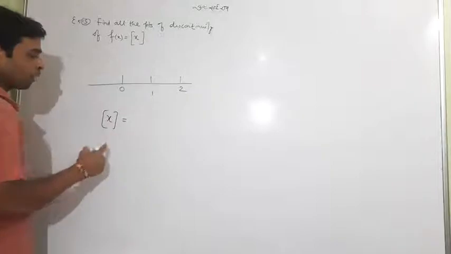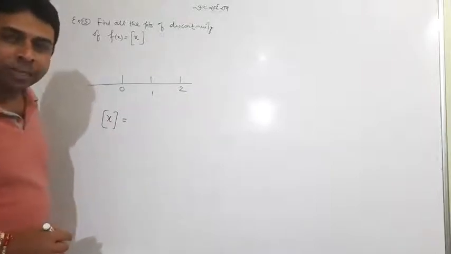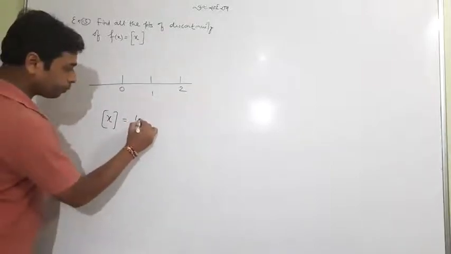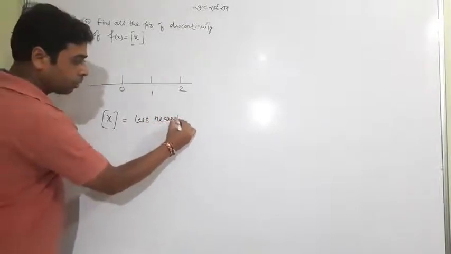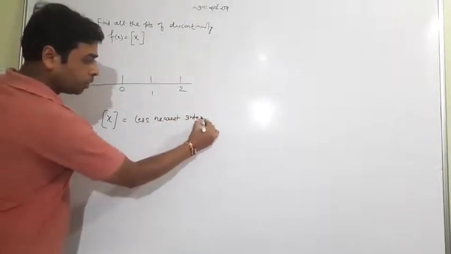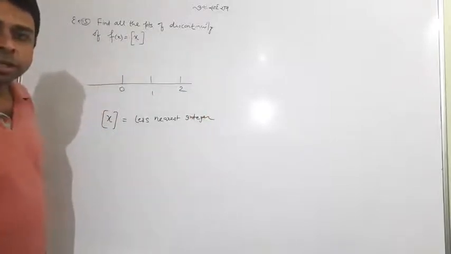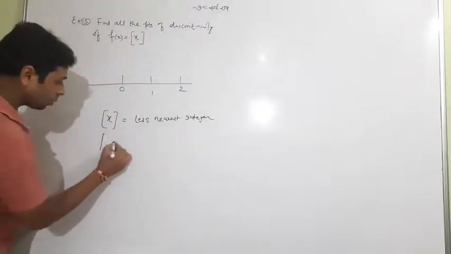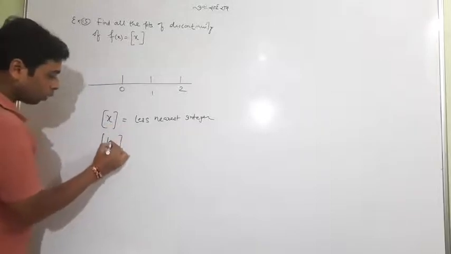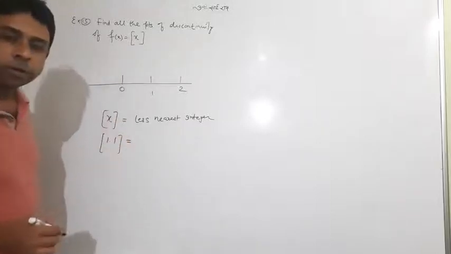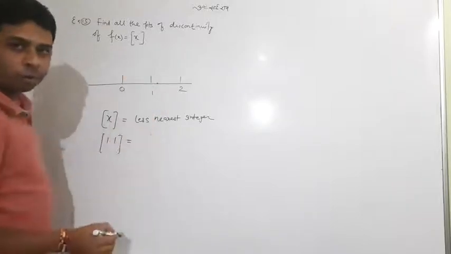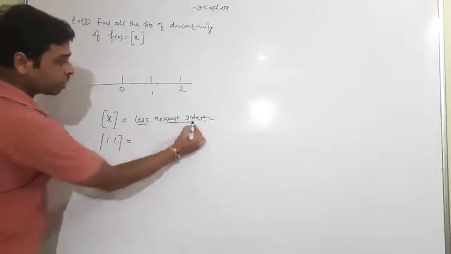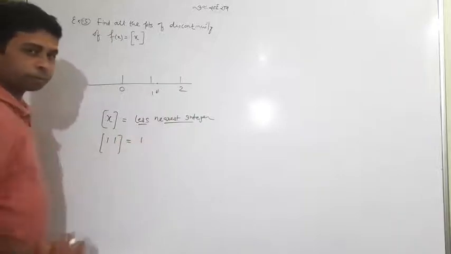When the greatest integer function operates on any x, it gives the less and nearest integer. That's very famous. Suppose I apply the greatest integer function on 1.1. It gives the less and nearest integer, meaning 1.